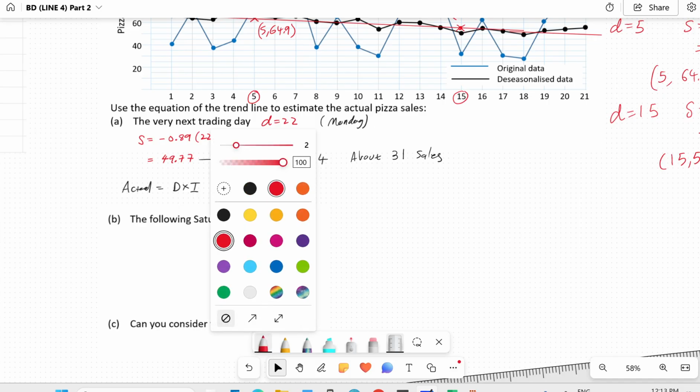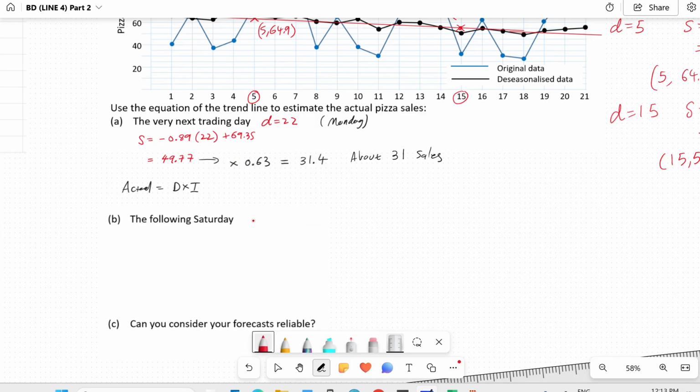Okay, I'm going to try it now. So this is on the following Saturday. Let's see, Sunday was day 21. Then the next week, Monday is day 22. Day 23, 24, 25, 26. Saturday is day 27. Is the following Saturday.